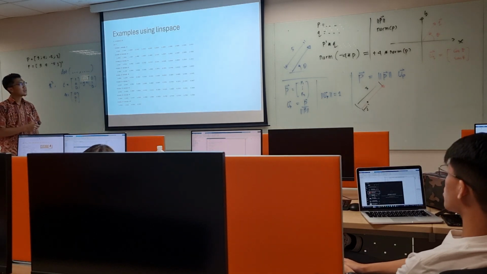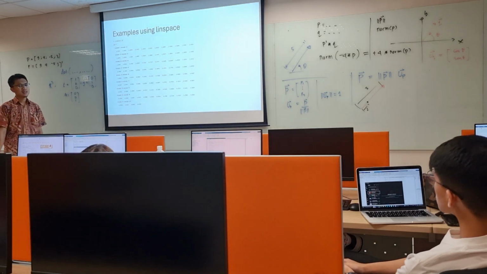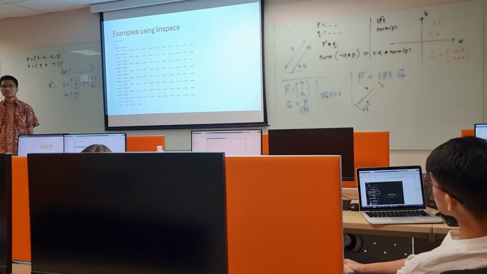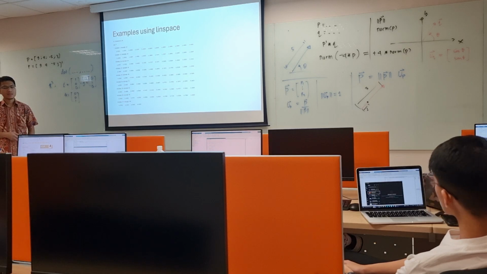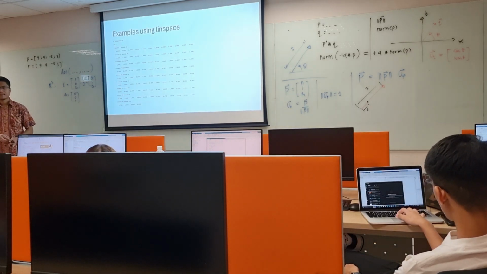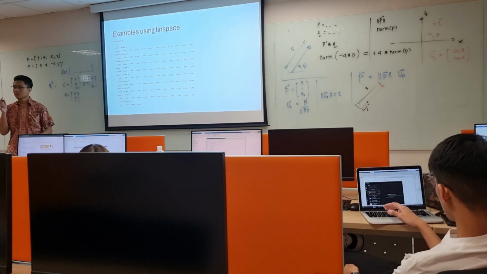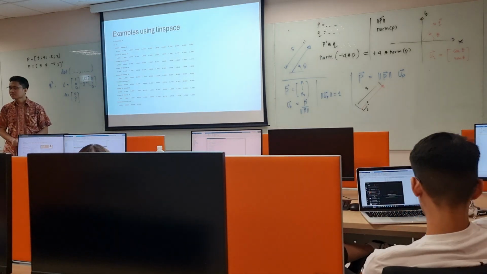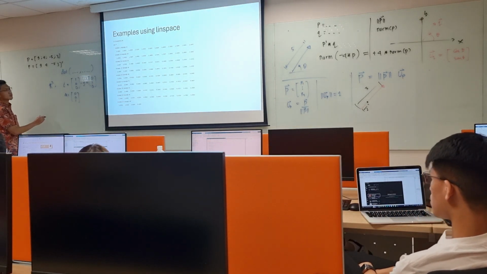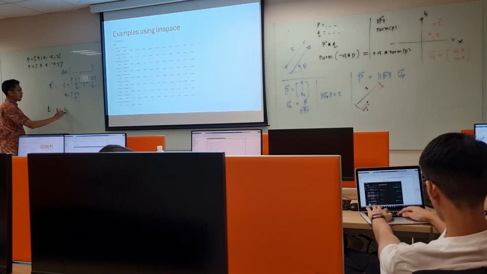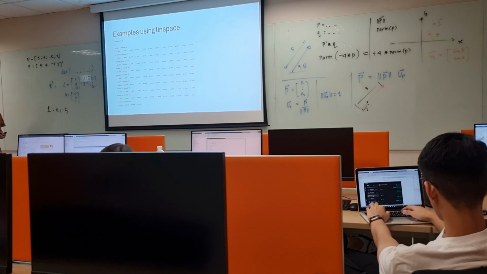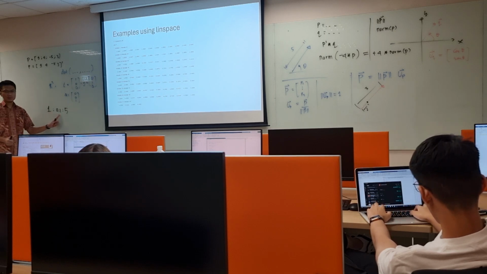The increment is not nice, right? It doesn't look good. But if we want to specify the increment, what do you write? Let's say the increment that we want is 0.1. So use 0, 0.1, 5, okay. The increment will be 0.1.